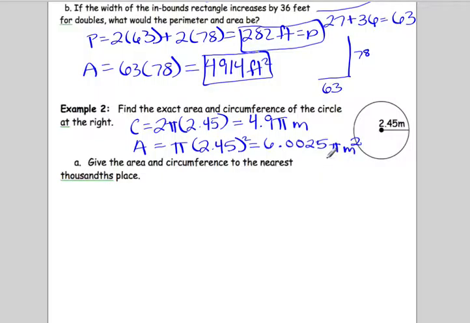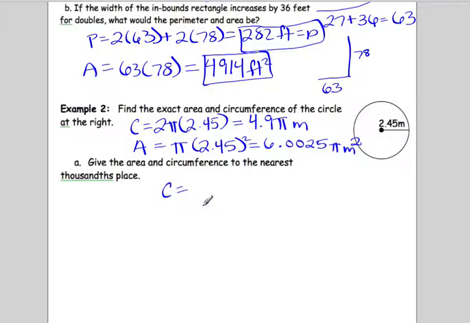Now, if we want to give these to the nearest thousandths place, thousandths place means 3 places after the decimal point when we write these down. So for the circumference, we're going to do 4.9 times pi, and I'm using the pi button in the calculator. In our calculators here at school, it's above what we call the caret button.